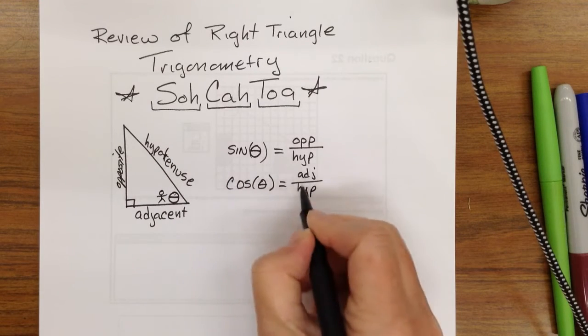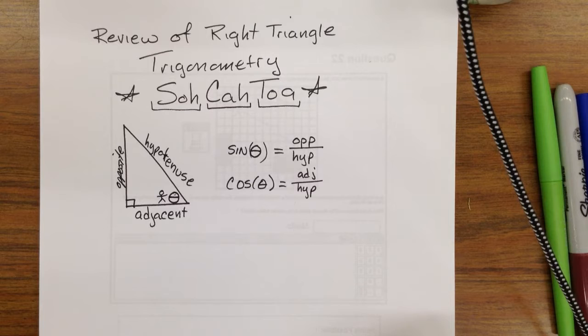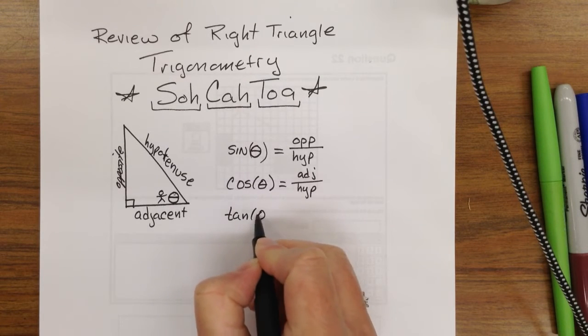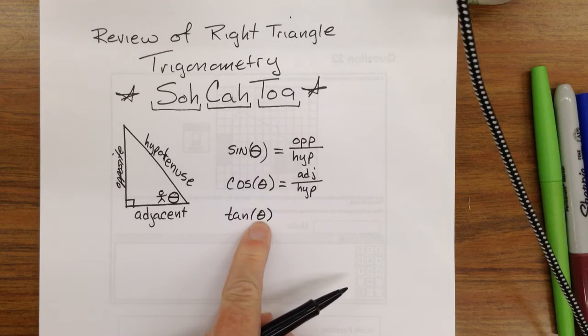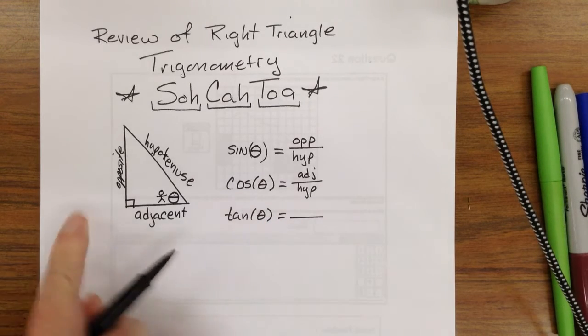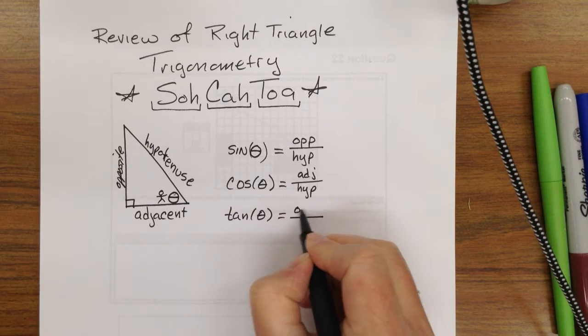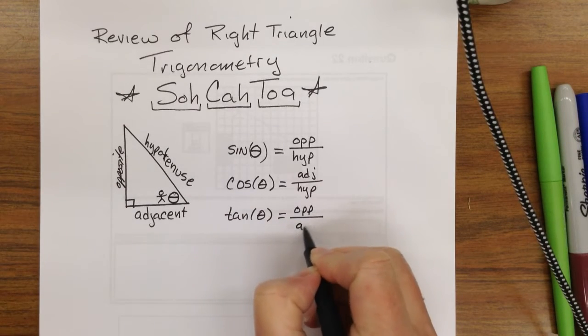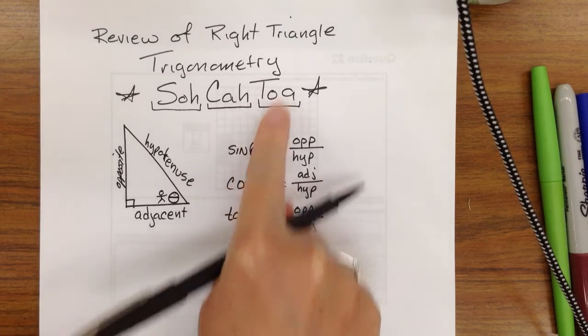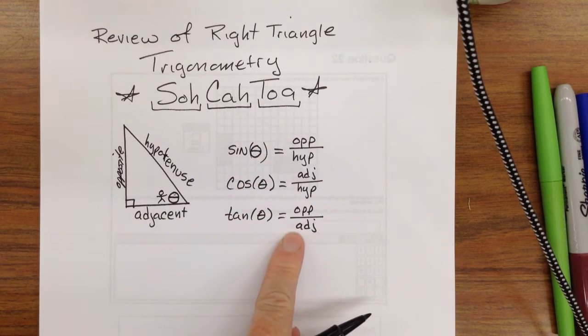Yeah, it's the ka of SohCahToa. Tangent of theta. The size of the angle where you're standing is going in, and what comes out of our machine is the length of the opposite divided by the length of the adjacent. That's the toa of SohCahToa.